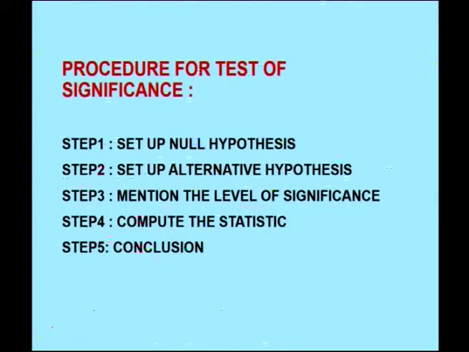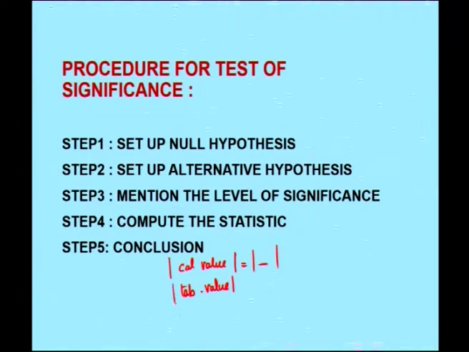The conclusion goes like this. You have to write down the calculated value which you have calculated in step 4 within modulus. Negative signs should be avoided. So, modulus of calculated value should be written here, and then the tabulated value.